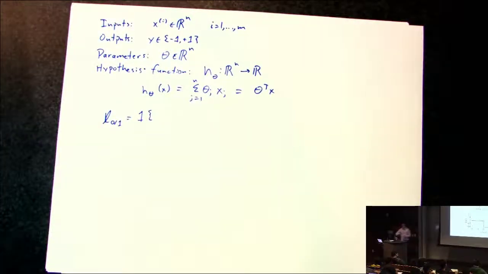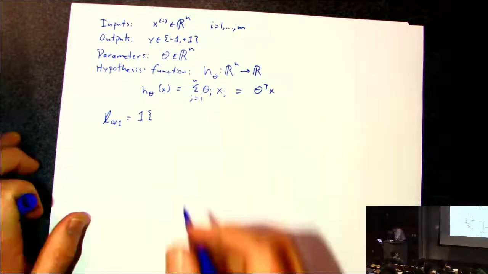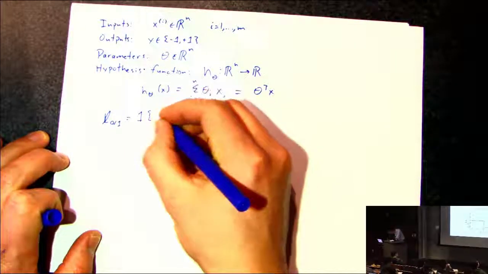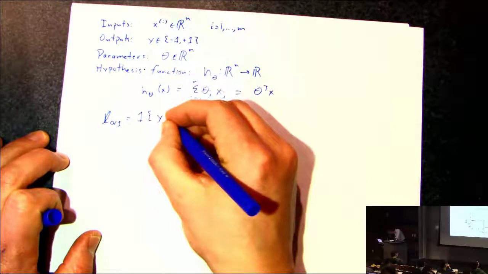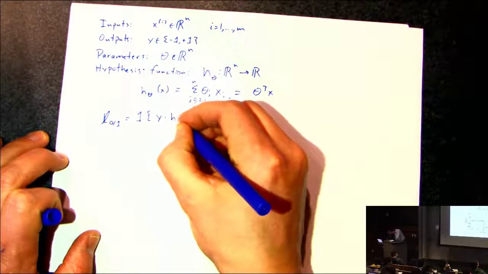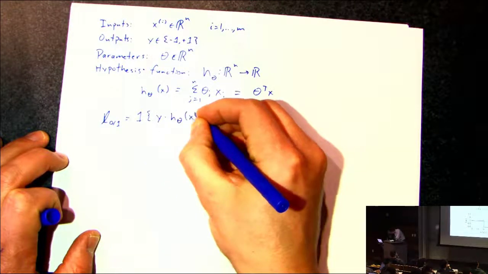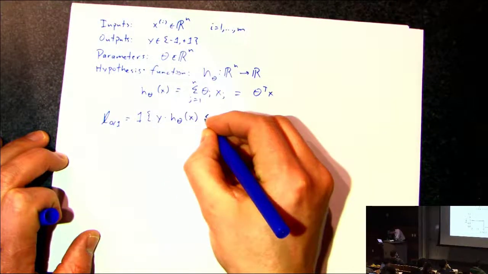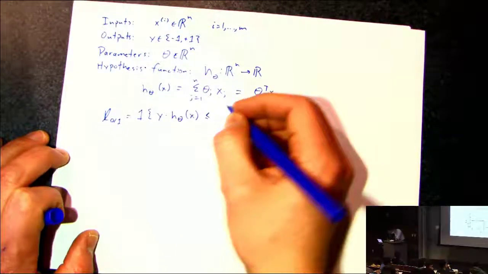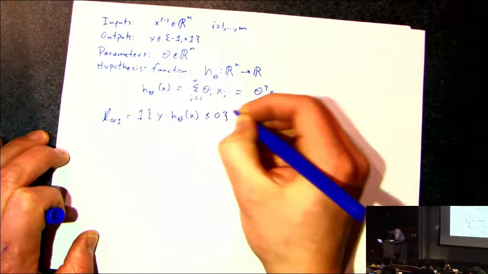The indicator is a thing that is 1 if the inside thing is true, and 0 otherwise. It's the indicator of whether the label times the hypothesis is less than or equal to 0.